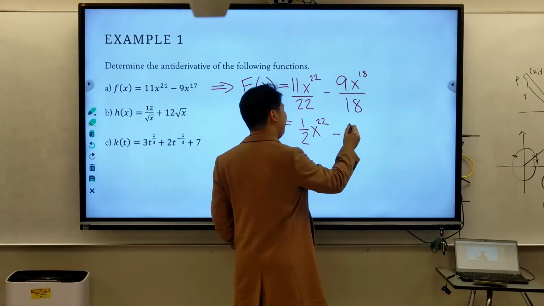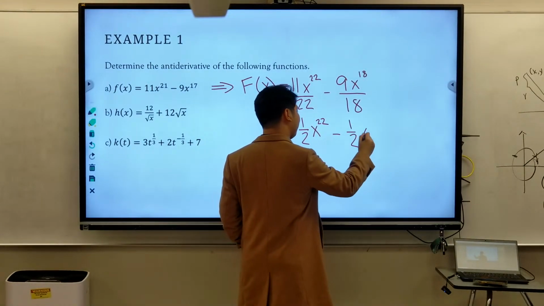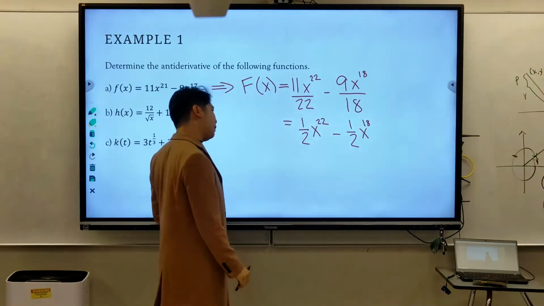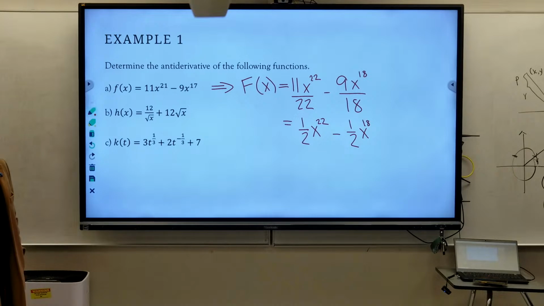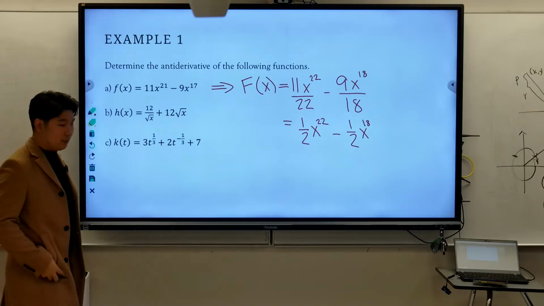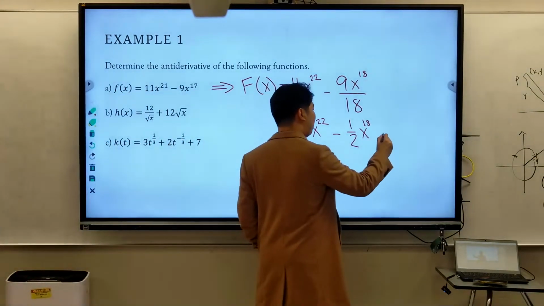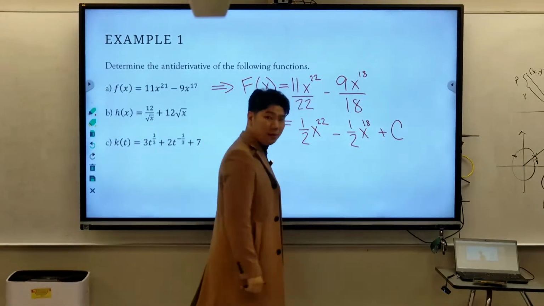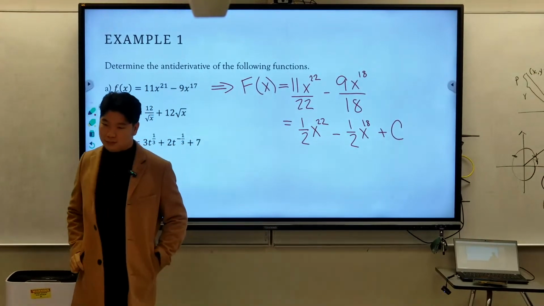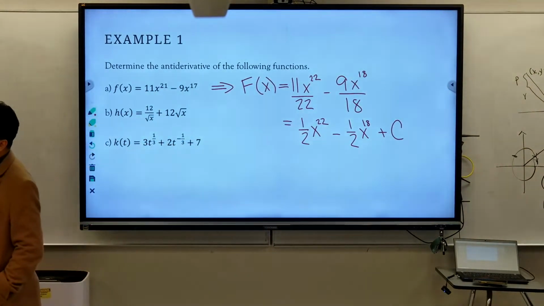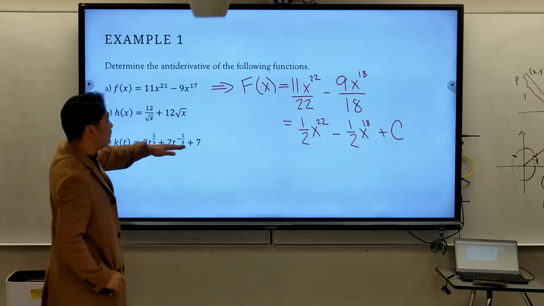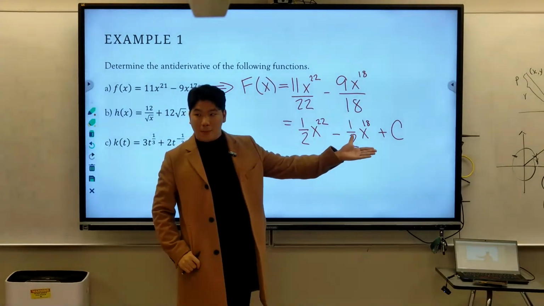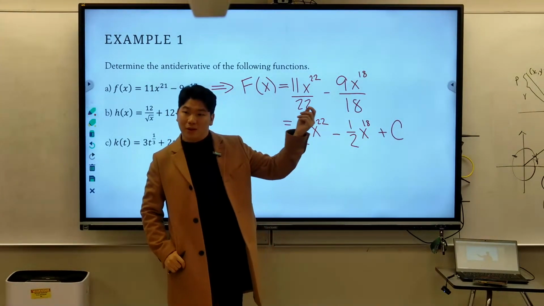Minus 9 over 18, we also get 1/2. This is me cleaning it up. And I'm going to throw on one extra thing. I'm going to go ahead and put plus C, because I know all of the antiderivatives of this original function look like this, possibly plus or minus a number.